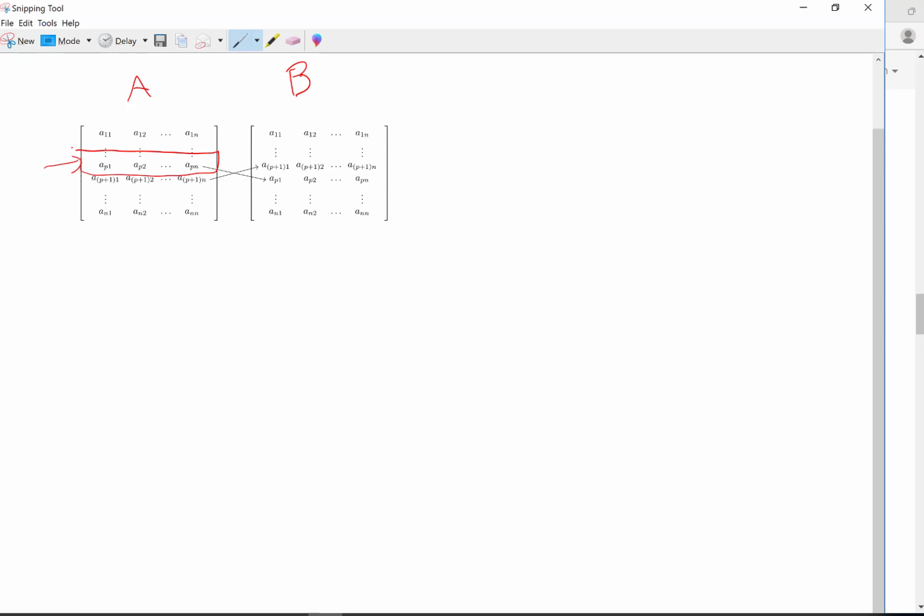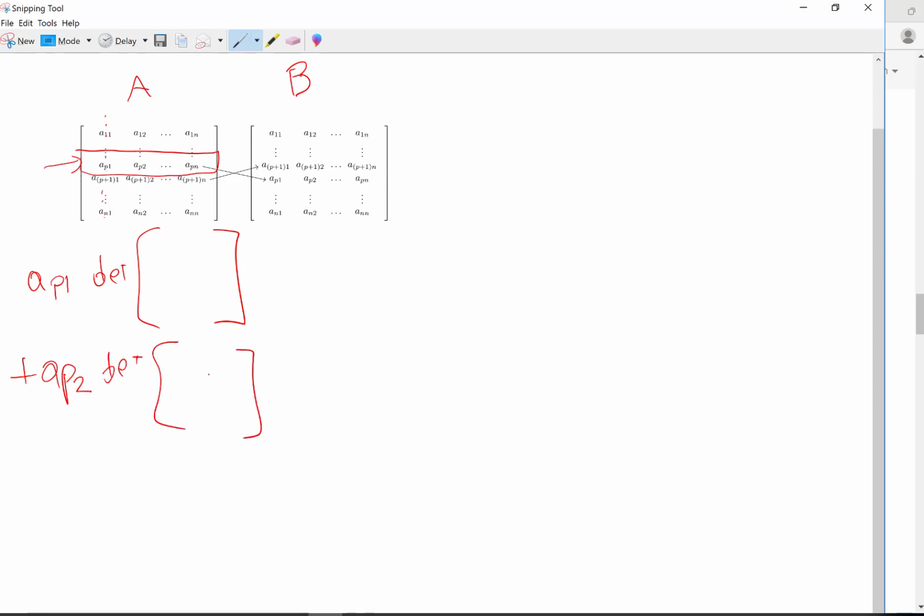Remember how you do that. When you're on a particular entry, like AP1, it's AP1 times the determinant of some other matrix. What would that other matrix be? Well, you eliminate the row and column that P1 are in. And then you could do the same thing for AP2 times the determinant of some other matrix.